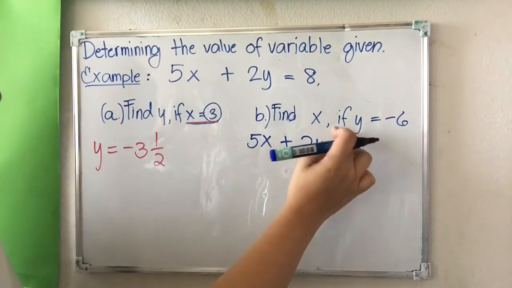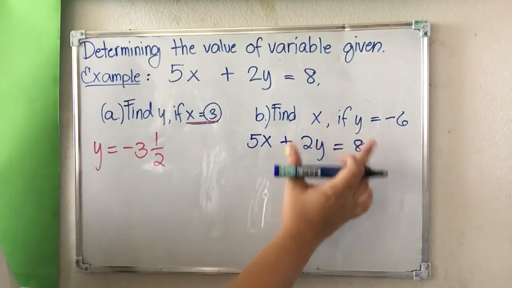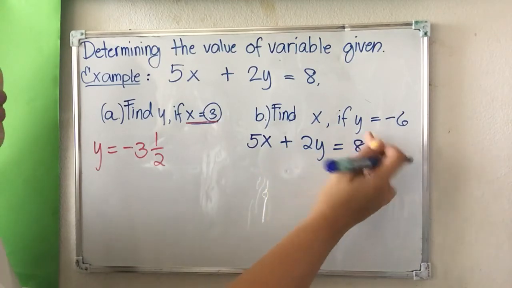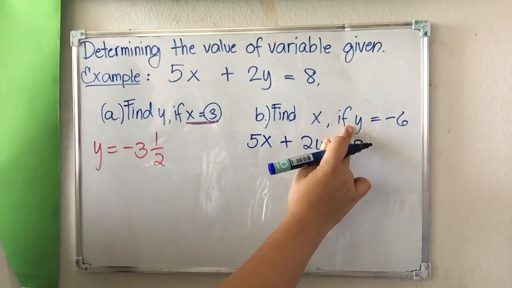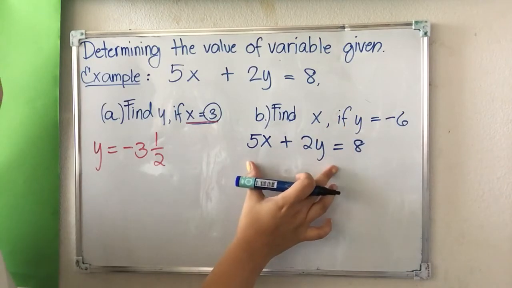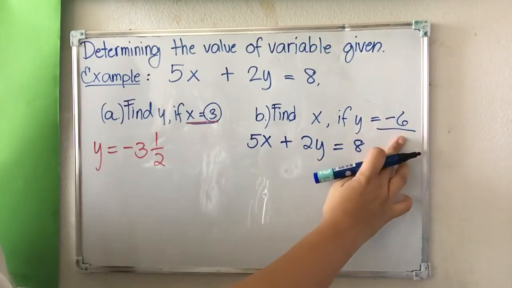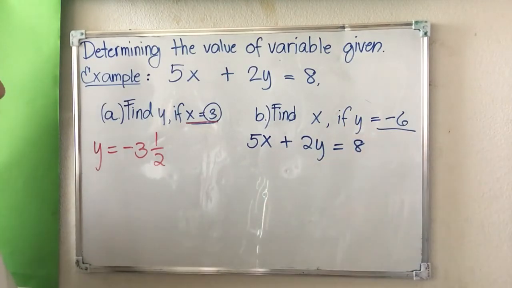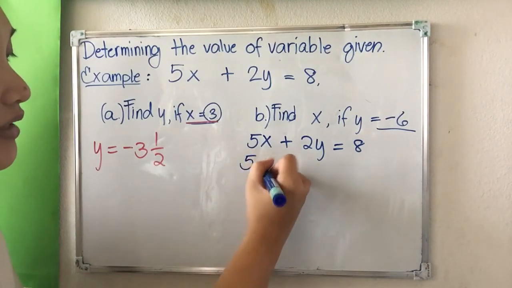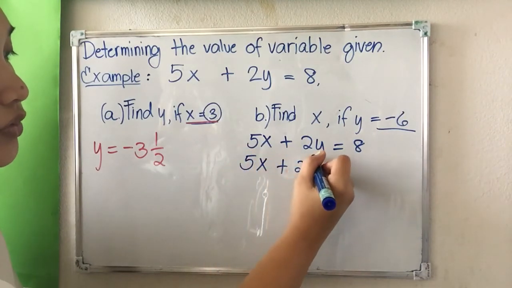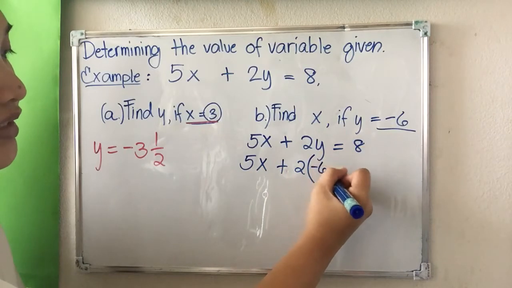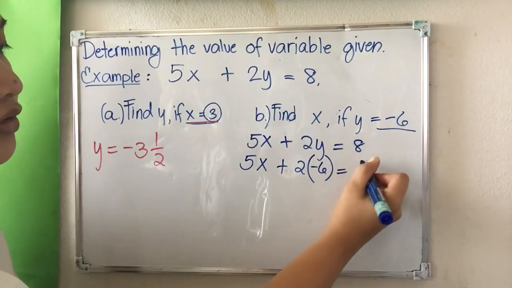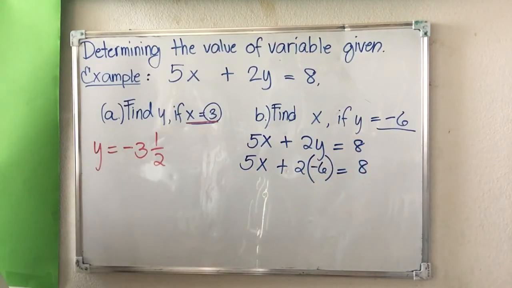Now we are going to substitute the value of y in our equation with negative 6. Okay, so copy. So we have 5x plus 2 times negative 6 is equal to 8.